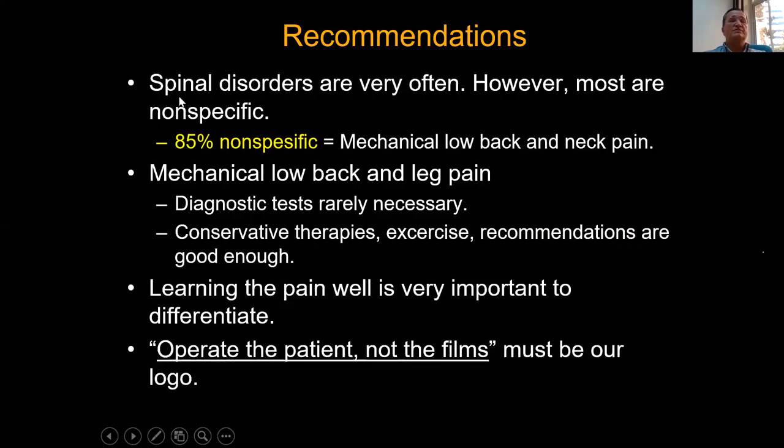Spinal disorders are very frequent, however most are non-specific, 85% non-specific. For mechanical low back and leg pain, diagnostic tests are rarely necessary. Conservative therapies and exercise recommendations are good enough. Learning the pain well is very important to differentiate. Operate the patient, not the films, must be our logo.